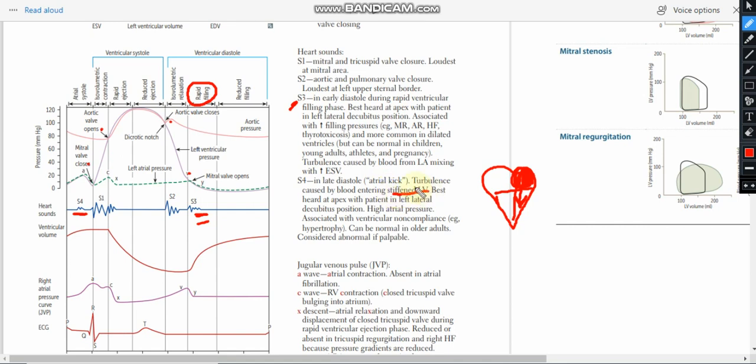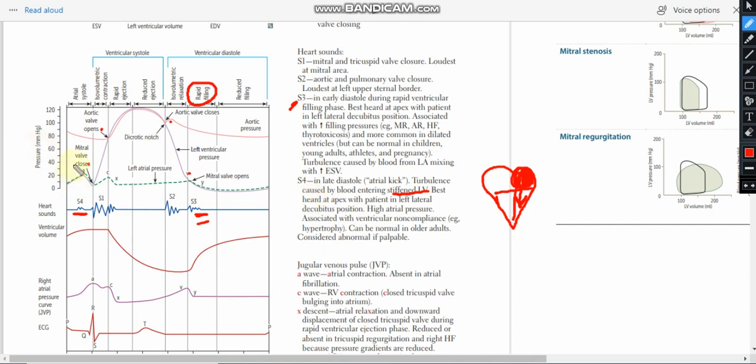So when the normal flow of blood comes and hits a stiff ventricle, and at that moment a sound is produced, it is the S4, best heard at the apex because this also is hitting the apex, right? It is heard in the left lateral decubitus position, and high atrial pressure can be there. It is associated with ventricular non-compliance. So in S3 the ventricle is almost normal, but in S4 the ventricle is non-compliant. This you need to remember.